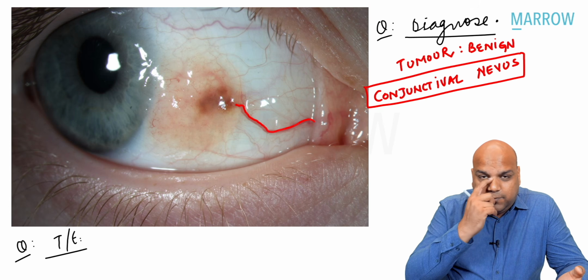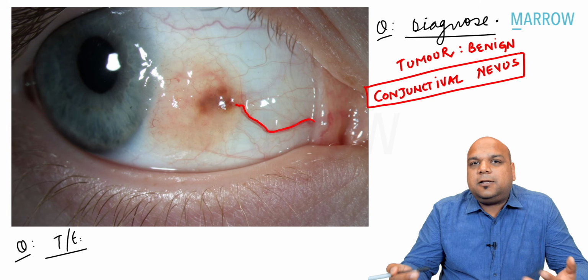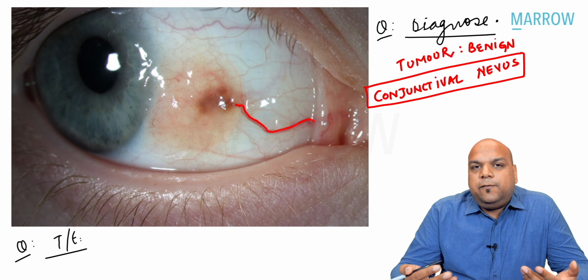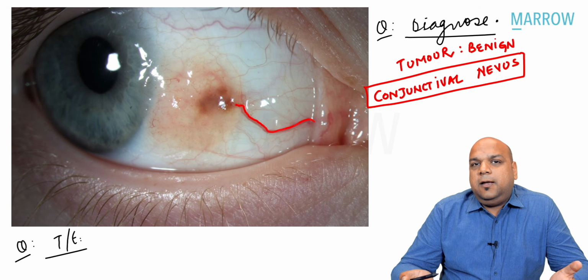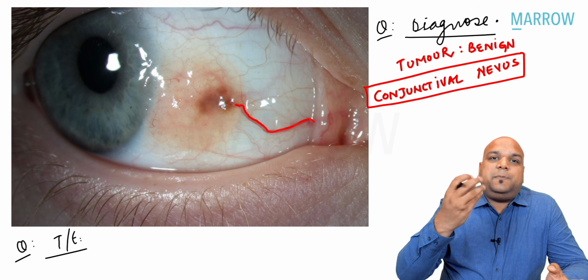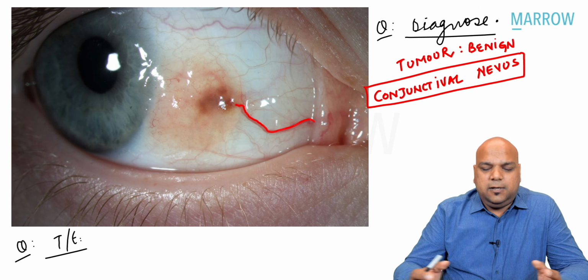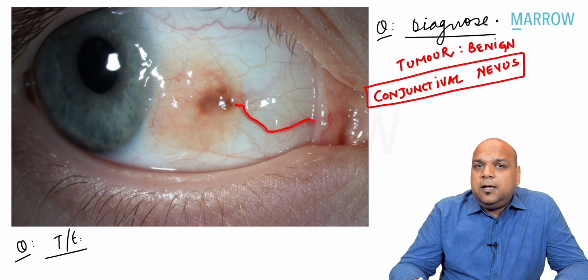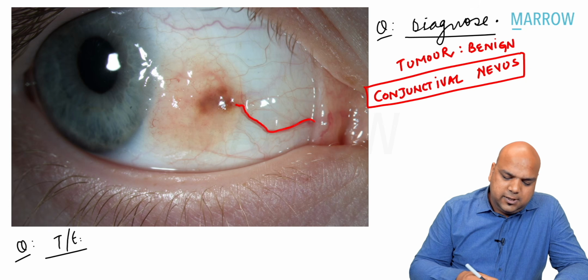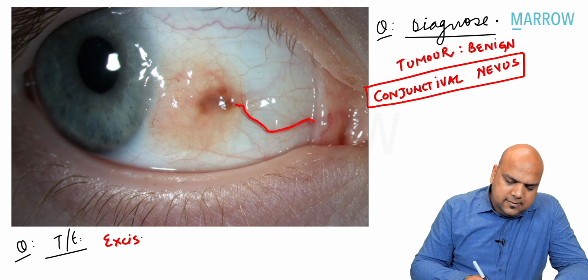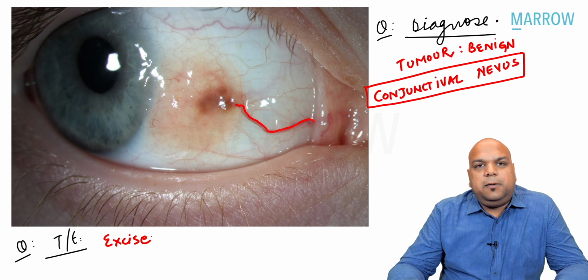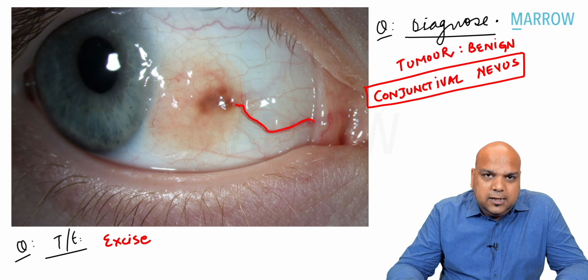I have a mole on the top of my nose. I'm not concerned about it. Yes, it's almost a birthmark. That is how we explain to the patient, please do not worry about it. Unless it starts to grow, becomes pedunculated, or becomes like a papilloma, which it will not. This is a conjunctival nevus. What is the treatment? If the patient wants it, you can simply excise it. It is just a cosmetic blemish, that's all. So cosmetic treatment, nothing else.